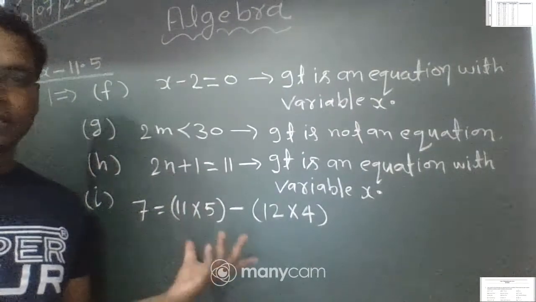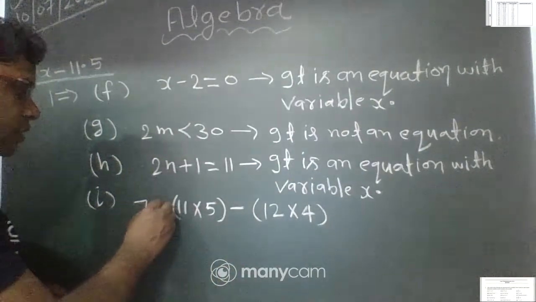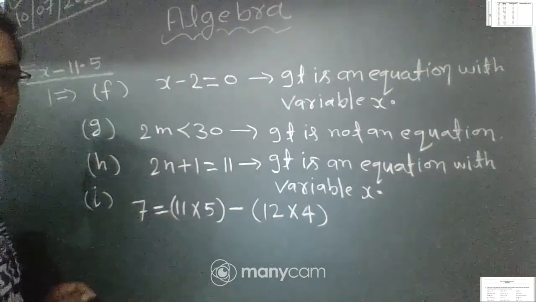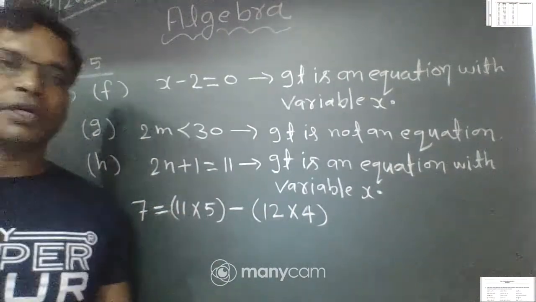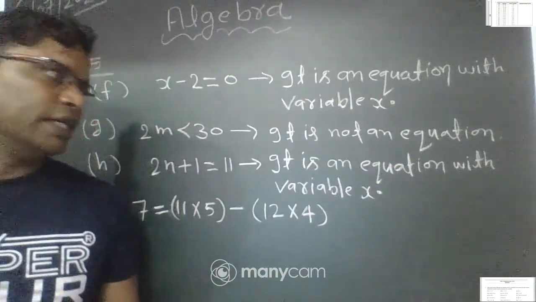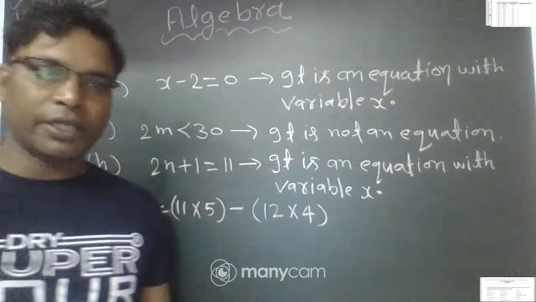Obviously, this is an equation because here you can see the equal to symbol, and the left hand side is equal to the right hand side. But here there is no variable, so you can say it is an equation without variable.